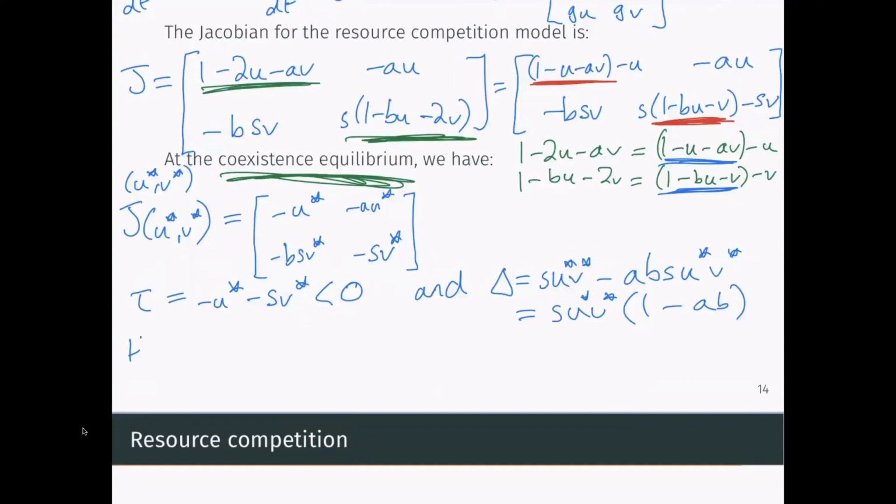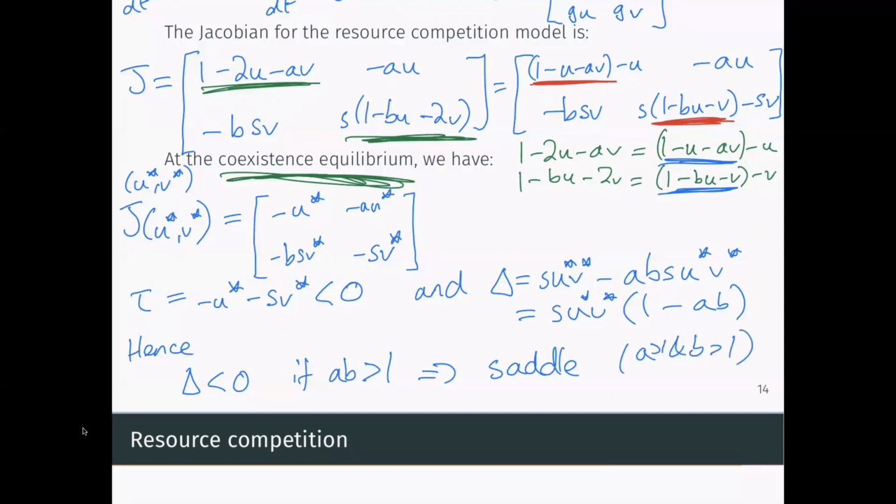What can we say? Well, we know that AB being equal to 1 isn't possible, but we have that delta is going to be less than 0 if AB is greater than 1. That gives us a saddle. And this is not just AB being greater than 1, we actually need A and B to both be greater than 1.